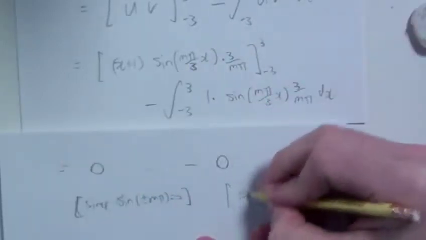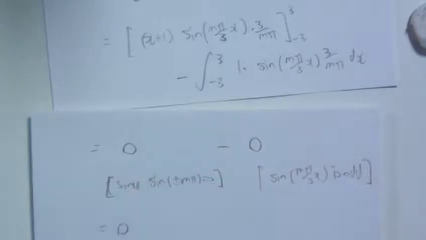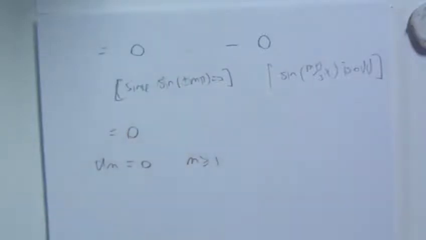It's an odd function, and an odd function from minus to the matching plus is always 0 when you integrate it, because sine goes below the axis down to minus 3 and above the axis to plus 3, so the negative bit and the positive bit cancel each other out, and so we're going to get minus 0, and then sine of m pi on 3x is odd, and so the answer is 0. So actually my am is 0 for m greater than or equal to 1. That's kind of cool.